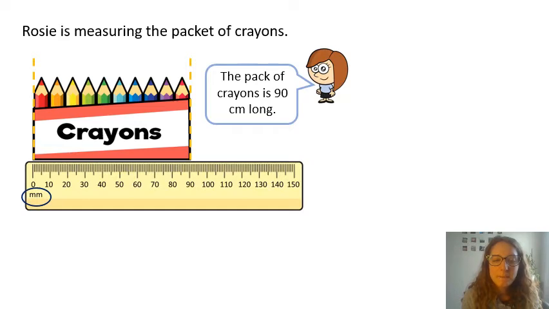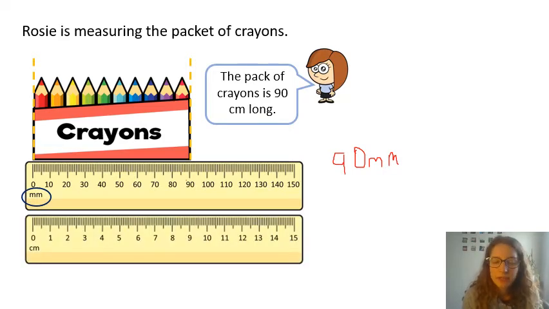We're now into millimetres, so it's actually 90 millimetres. Again, I'm writing that unit of measure. If we have a look at this ruler underneath, which is showing the centimetres, if we continue that line down, she could say it is 9 centimetres or 90 millimetres. Hopefully you can start to see a pattern, because remember there are 10 millimetres for every centimetre. It's just our 10 times table.